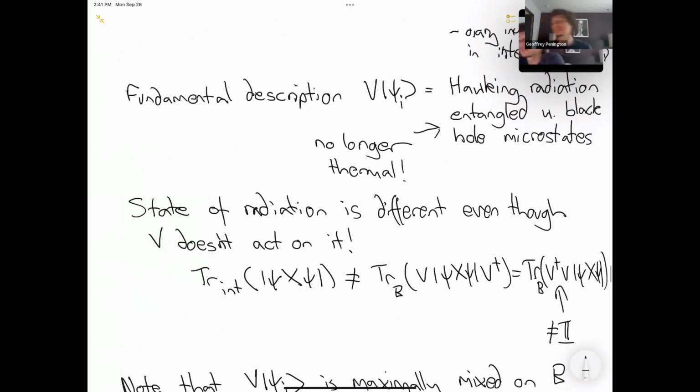Okay, and this is, I think, slightly confusing to people. Initially, it's really very simple. Why would we think that the Hawking radiation would be in the same state before and after we applied V?